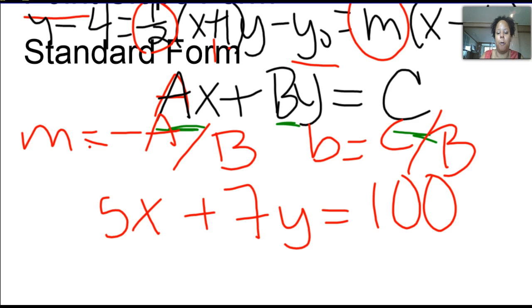This would be an example of the equation of the linear relationship between the number of child tickets and the number of adult tickets in the standard form. So that is when it is beneficial.